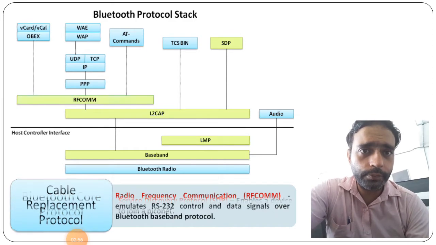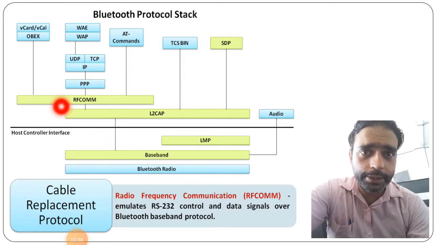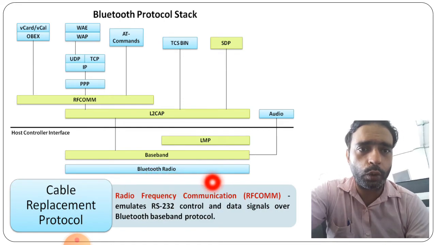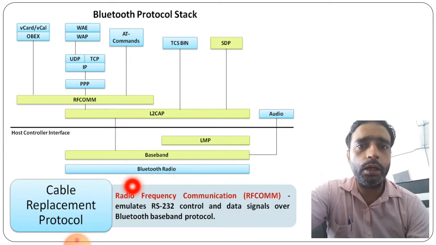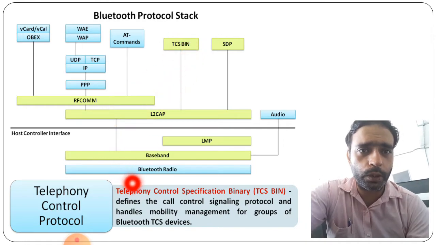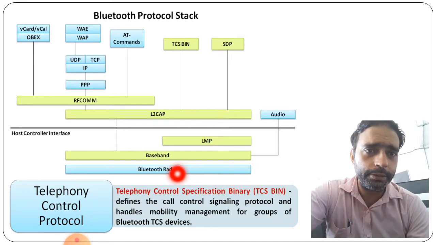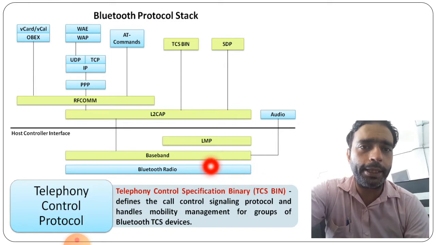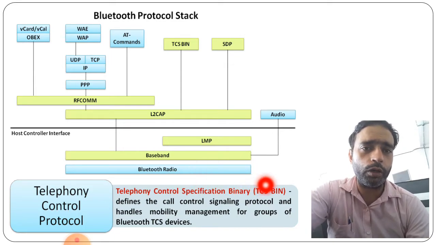Next is RFCOMM, the radio frequency communication, which emulates the RS-232 control and data signals over the Bluetooth baseband protocol. Next is TCS BIN, the telephony control specification binary, which defines the call control signaling protocol and handles mobility management for groups of Bluetooth TCS devices.